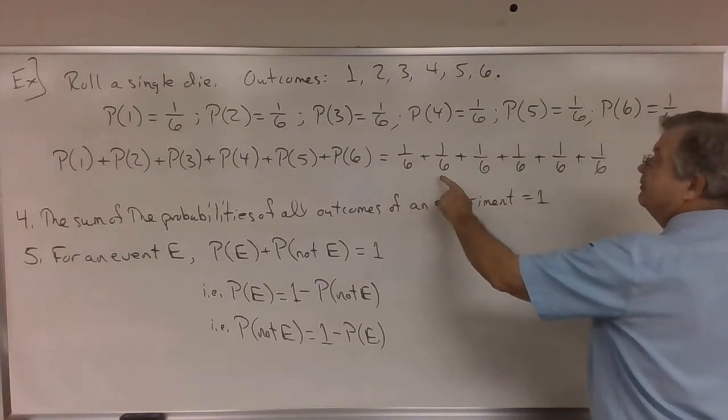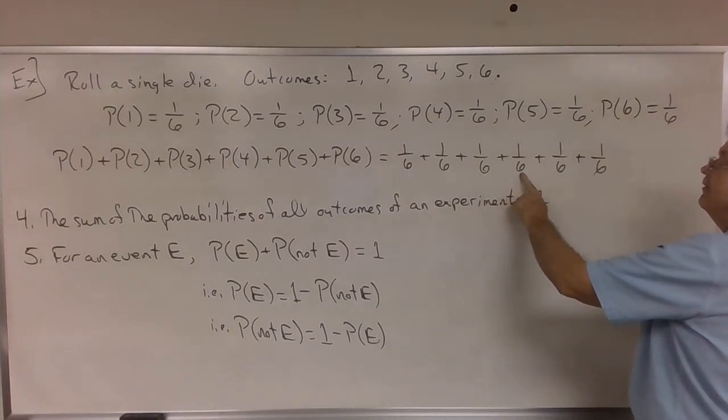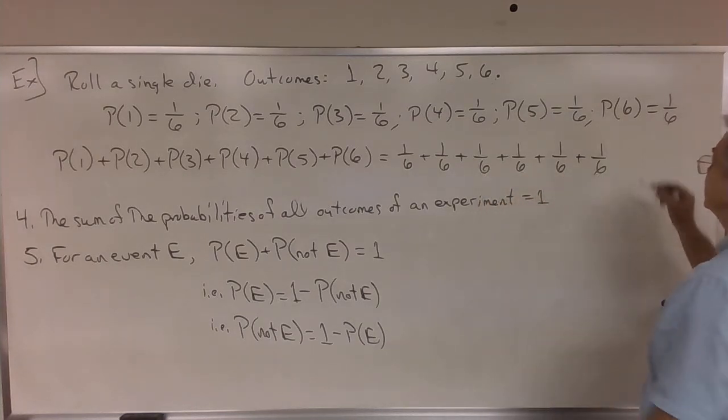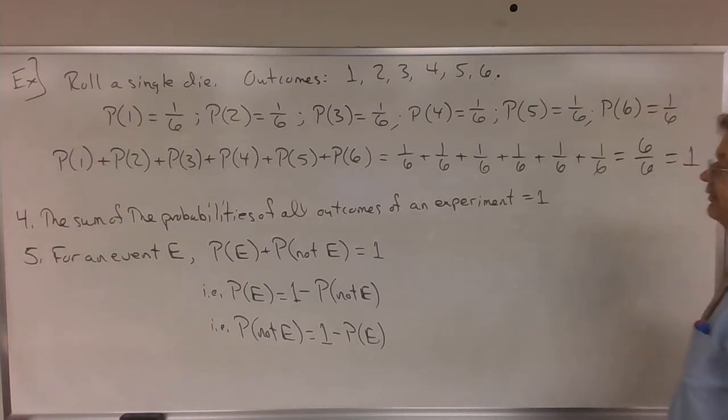Probability that 1 occurs, probability that 2 occurs, probability that 3 occurs, 4 occurs, 5 occurs, 6 occurs. So the sum of the probabilities of all of the outcomes of an experiment is 1.